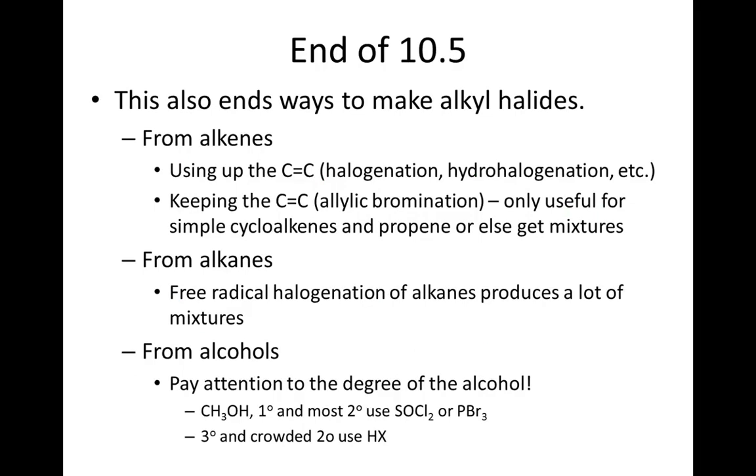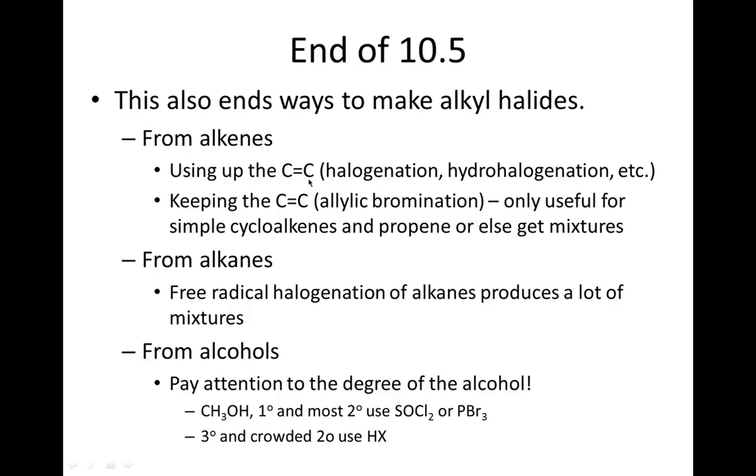So that is all that they presented about using these alcohols as ways to make alkyl halides. But I wanted to also remind you that what we've done in this chapter is we've refreshed our memory on how to make alkyl halides from alkenes, and that when we did that, we could do halogenation or hydrohalogenation, and those reactions from alkenes from chapter 8 used up the double bond.